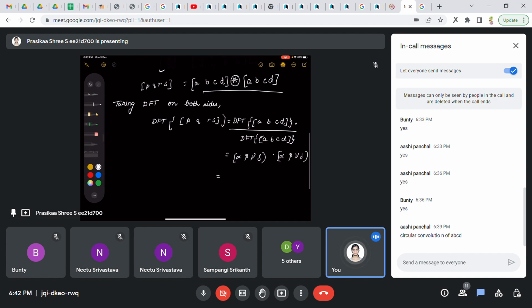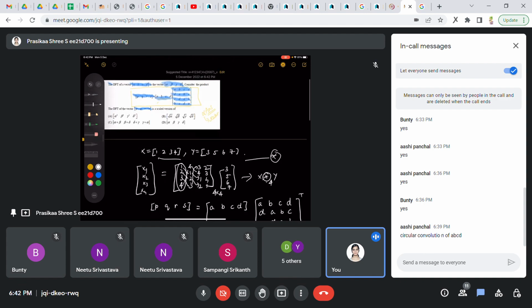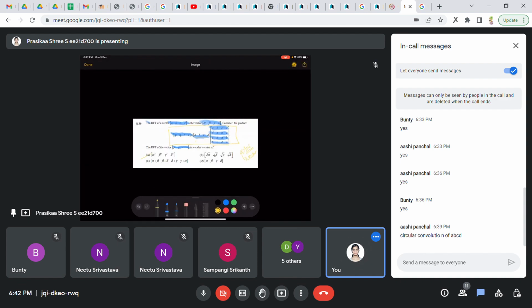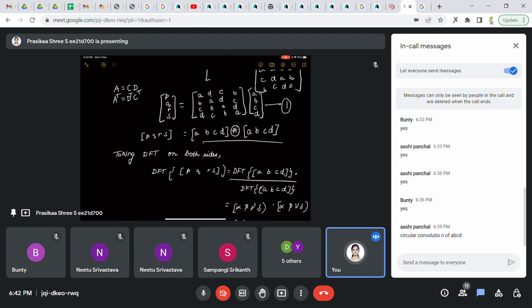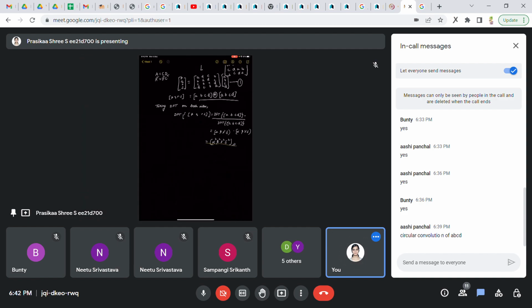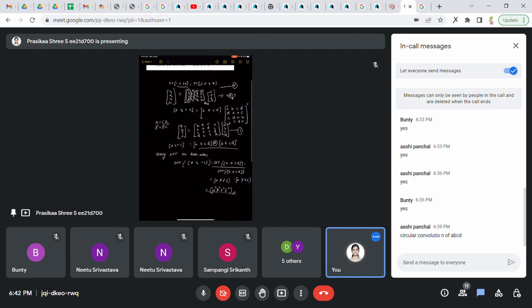If you multiply it, what you get is alpha square, beta square, gamma square, delta square. So this is the answer. The answer should be A. Got it? This is quite a simple question, but you need to know the concept of circular convolution.